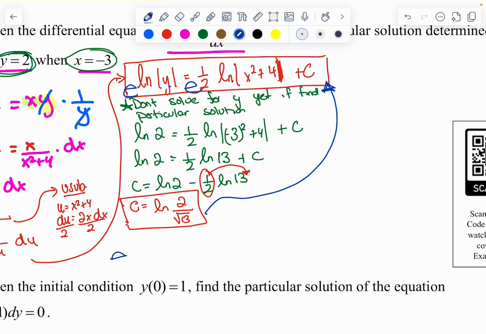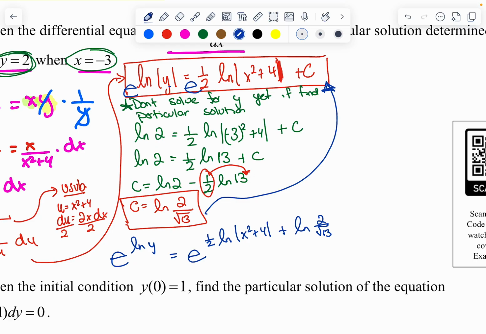So it's going to look like this. e to the ln of y is equal to e to the 1/2 ln of x squared plus 4 plus ln of 2 over square root of 13.